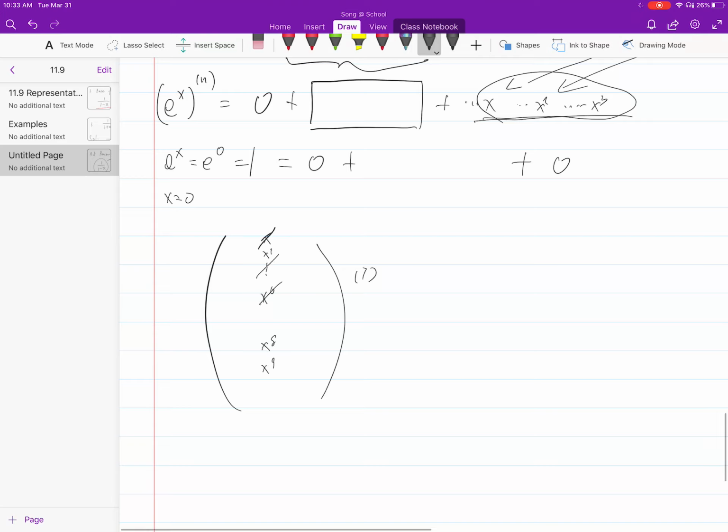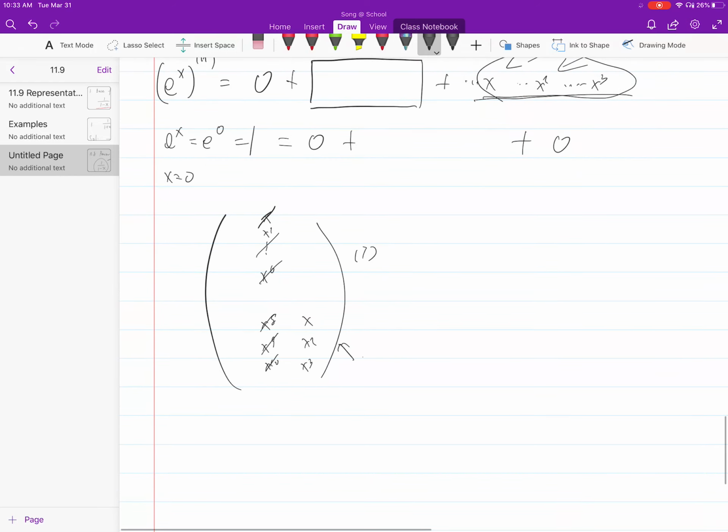X to the 8th, x to the 9th, x to the 10th, they will all have an x squared term, x cubed term if you take 7 derivatives with some coefficients. But once you take x equal to 0, they will all be gone. You will have 1, which is e to the 0. So the only thing left will be this x to the 7 here. What does it give you? It gives you 7x to the 6, then 7 times 6, x to the 5th, 7, 6, 5, x to the 4th. You keep going.